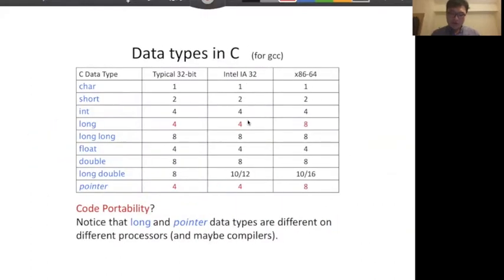Actually, we have a whole bunch of data types in C program, and depending on the machine, they will be represented in different ways. So, for example, take the long number, it's not double, it's not integer.